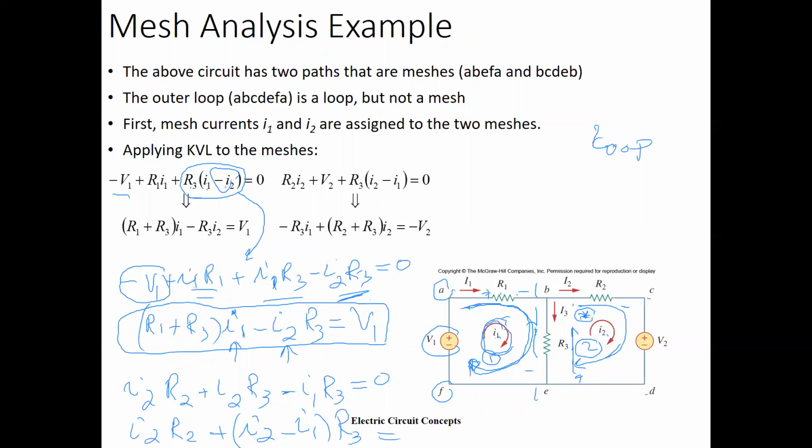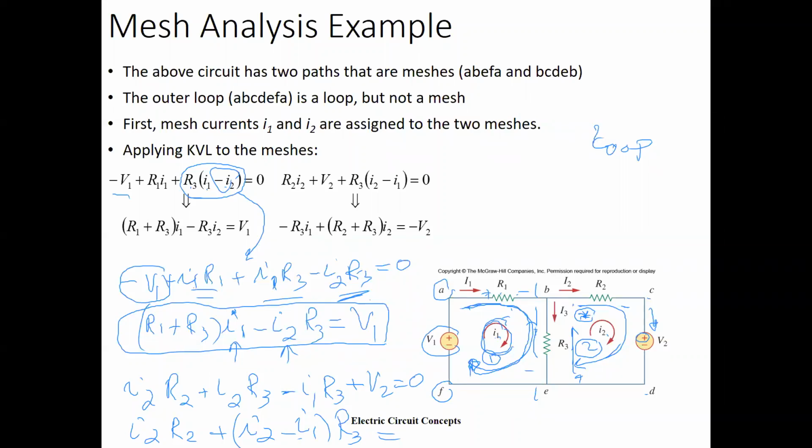I forgot to put the voltage here, so it will be plus V2. Now again, why is it a plus? Because the I2 is hitting the plus sign of V2. So this will be I2 minus I1. We have I2 going up and I1 going down, so they are in opposite direction.